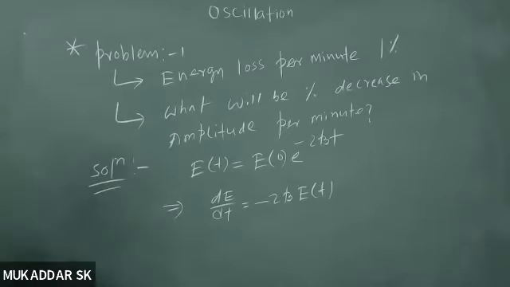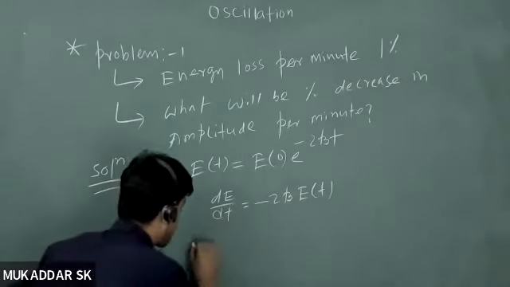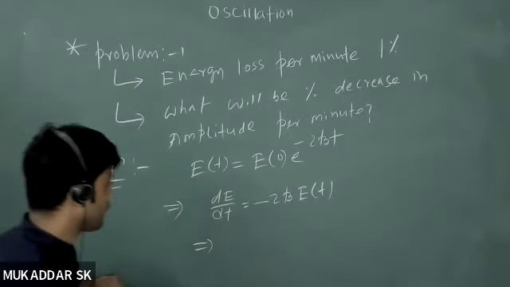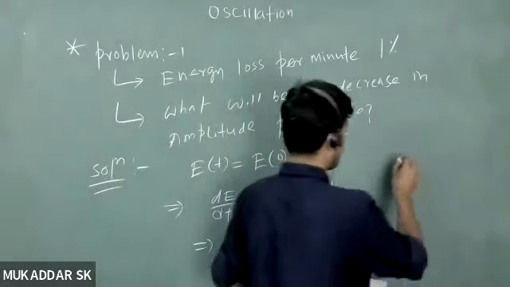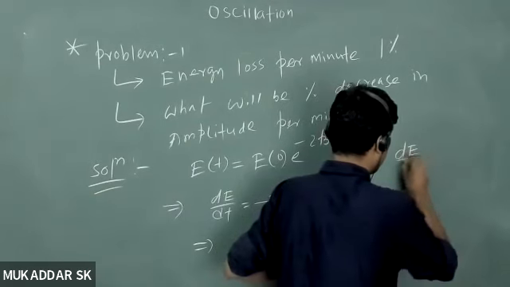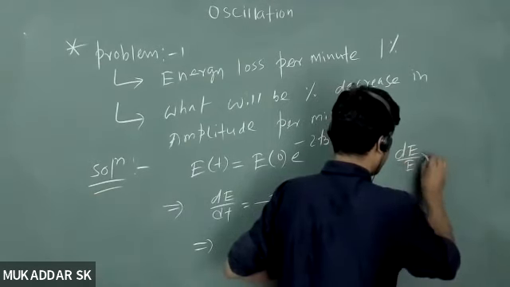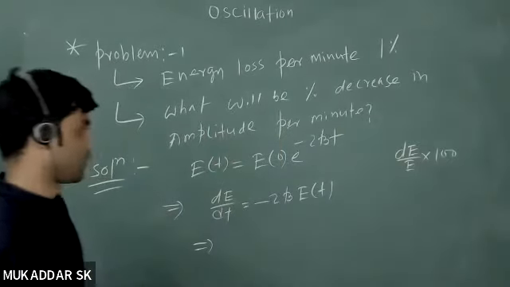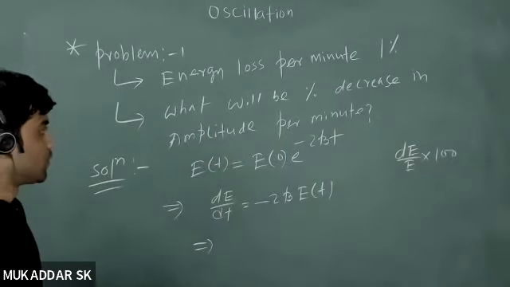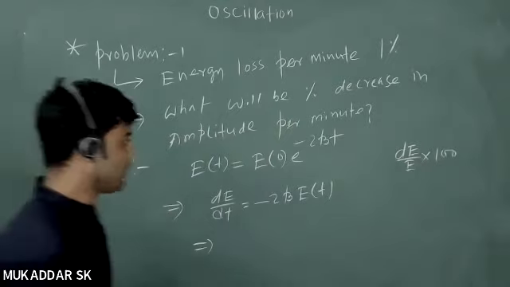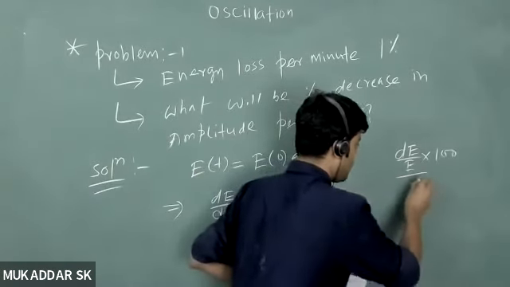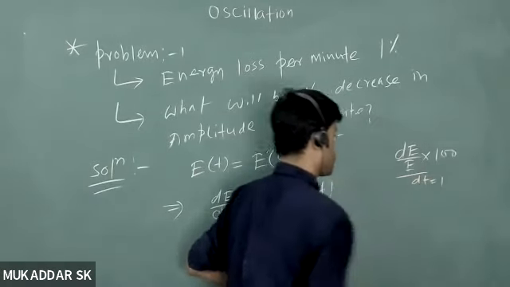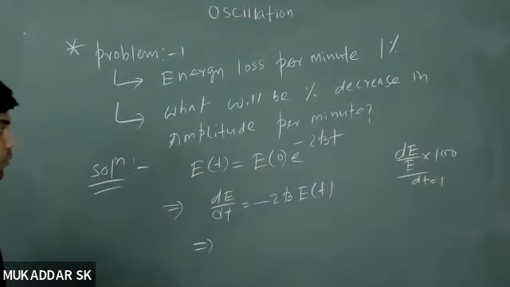So how will we represent the percentage of energy loss per minute? The percentage of energy loss is nothing but dE by E into 100, and per minute means dt will be 1.